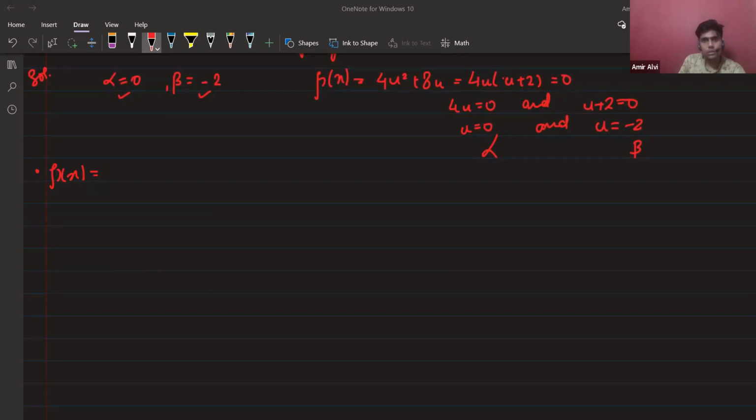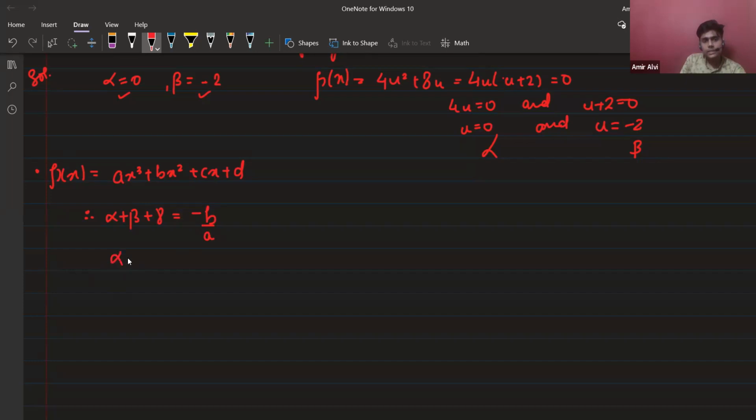Ax cube plus bx square plus cx plus d. Very good, Hiba. First is alpha plus beta plus gamma, which will be equal to minus b by a.